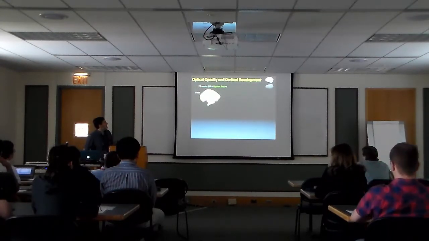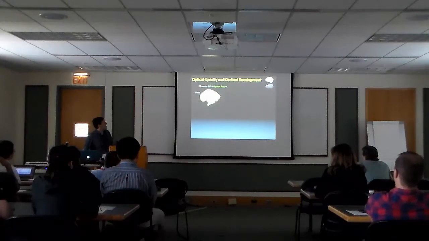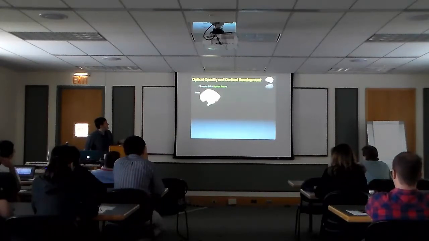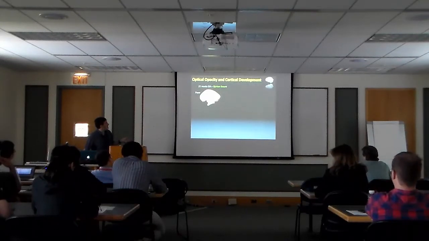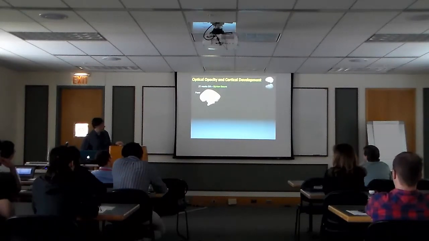This large hole is what becomes, in the adult, the Sylvian fissure. So here this will be the frontal lobe. This is the temporal lobe, occipital, and parietal here. There's not much of a frontal lobe and not much of a parietal lobe at 21 weeks of gestational age. But there is a big hole here, which becomes the Sylvian fissure in the adult.